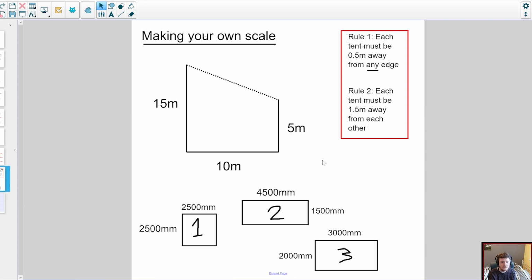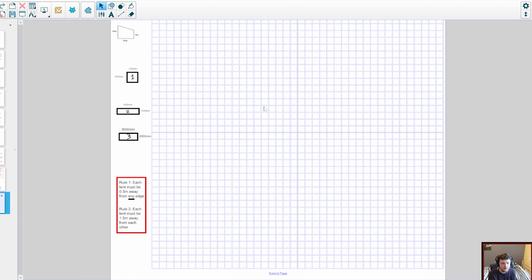So the very first thing we've got to do, I've got my graph paper, and these are all the bits of information that's mainly for my sake, to make a scale. We've got our graph paper. This is centimeter squared graph paper. We're always going to want to make the scale as big as is possible because it's easier to read and it's harder to make mistakes if it's much bigger.